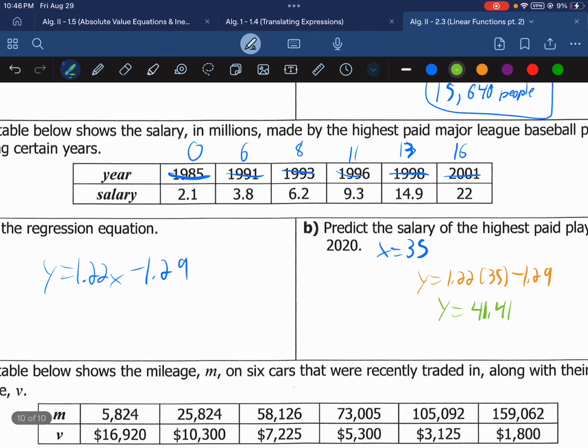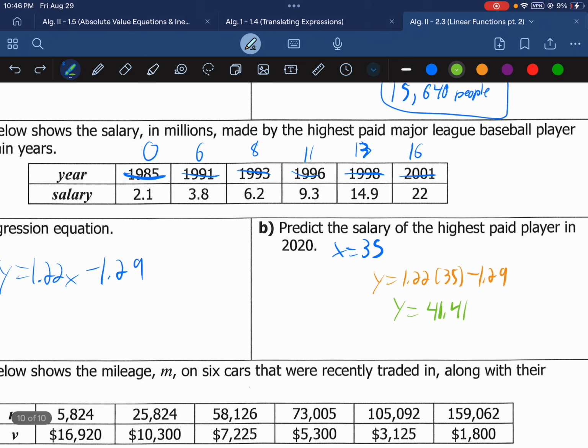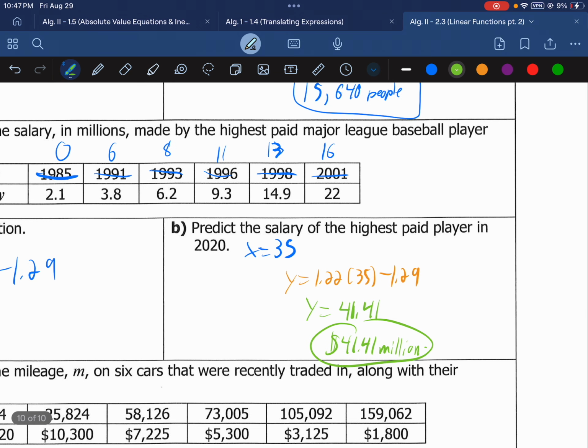It says salary in millions. So the highest paid player in 2020 would make approximately 41.41 million, according to this. And you could write this out as 41,410,000, which would be $41,410,000 as well. It would be the same number, just written more expanded.